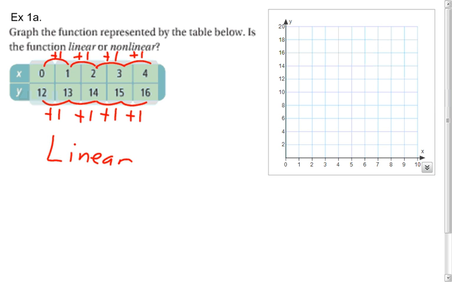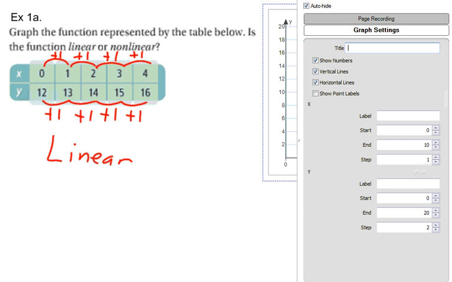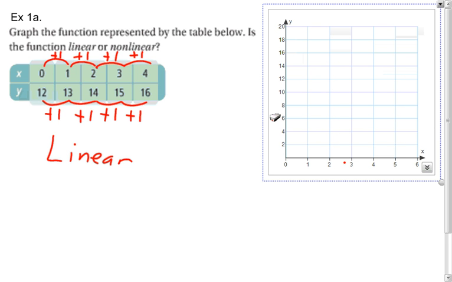So if I have a linear function, what am I expecting to see in my graph? Well, I'm expecting to see a straight line then. Okay, let's graph these points.